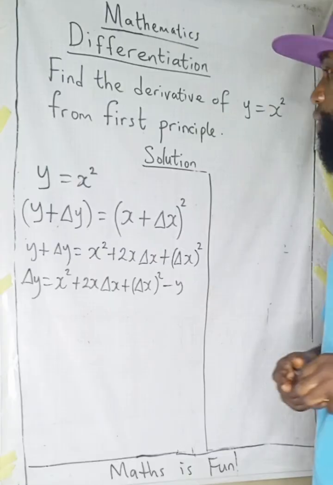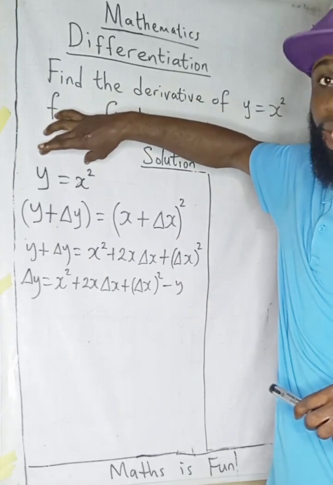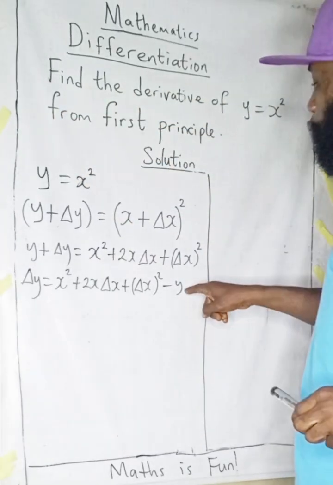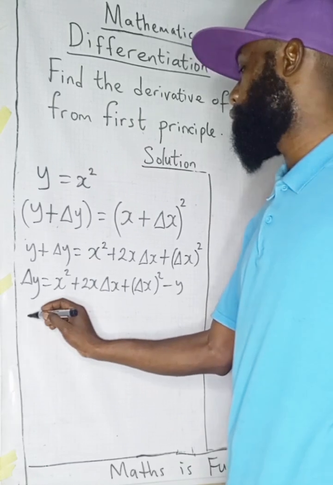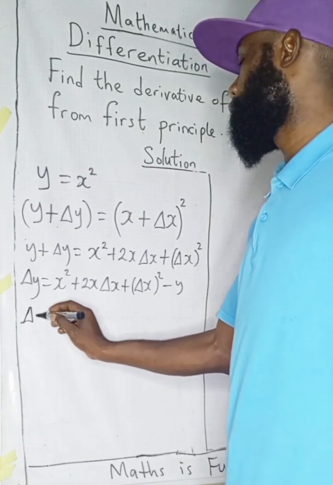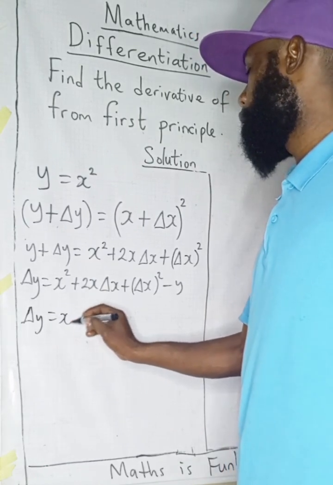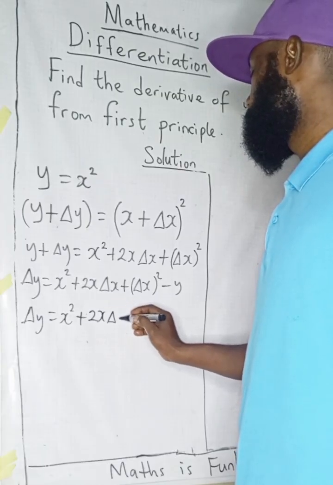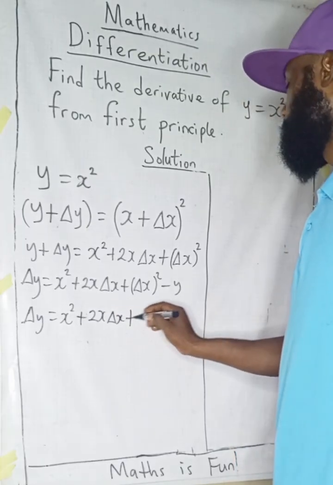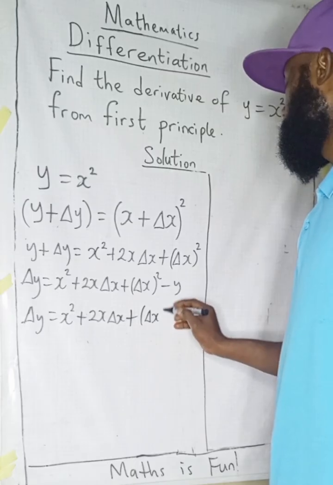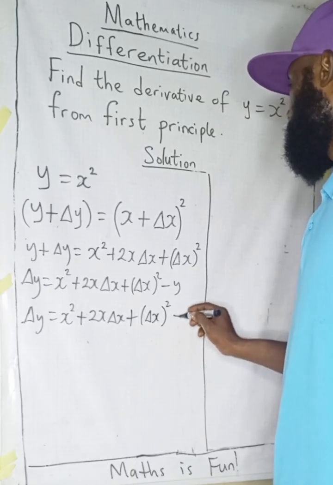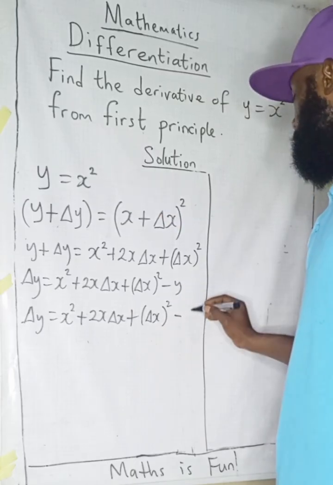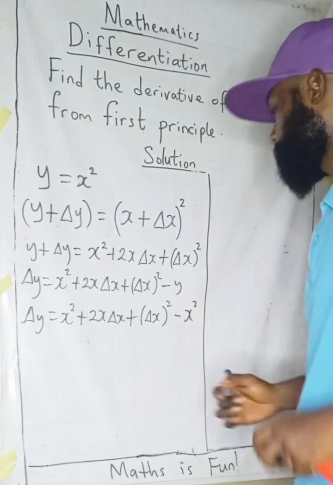But if you watch what we have here, from the beginning, y is x squared. So here, let's change y to x squared. So we have change in y will be equal to x squared plus 2x change in x plus change in x squared minus y, now is x squared.